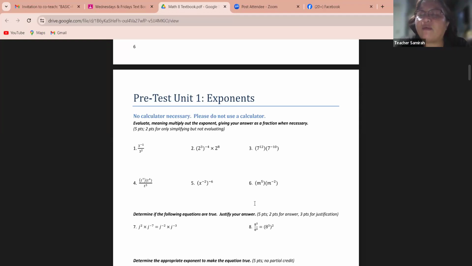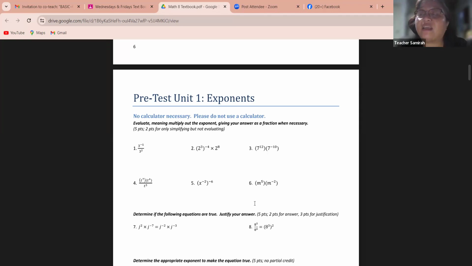Can you still remember? Okay, for example, A with exponent of 2 times A with the exponent of 6, what will be your answer? What will be the new exponent? The new exponent would be 8.